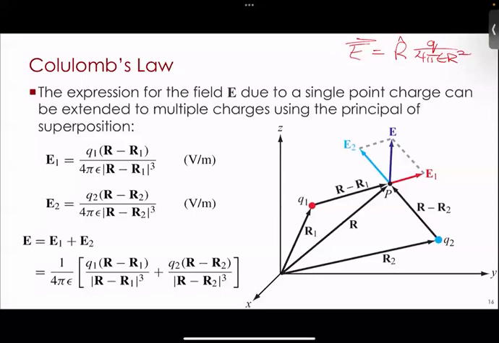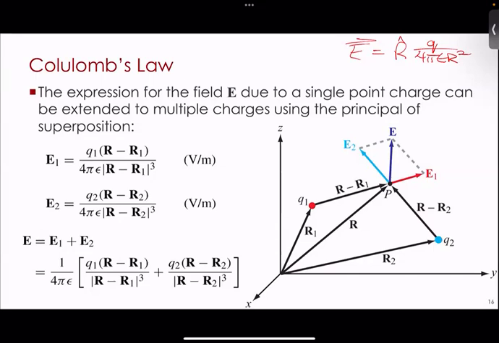Well, what do we care about? We care about the distance between Q1 and P. If we want to figure out E1, we care about the distance between the charge and the observation point. In the basic one at the top right, the distance is just something called R, okay? And you square it in the denominator.